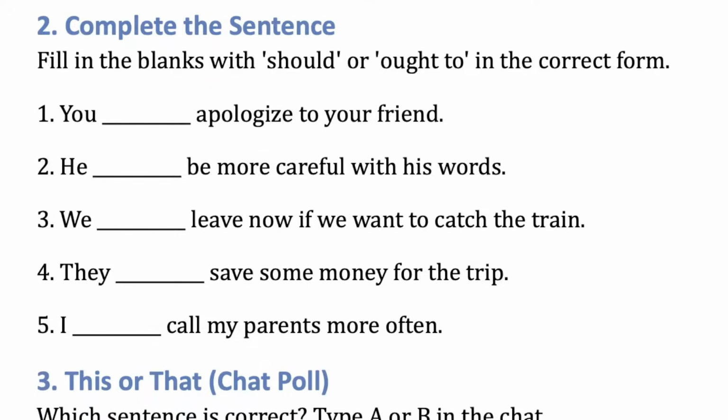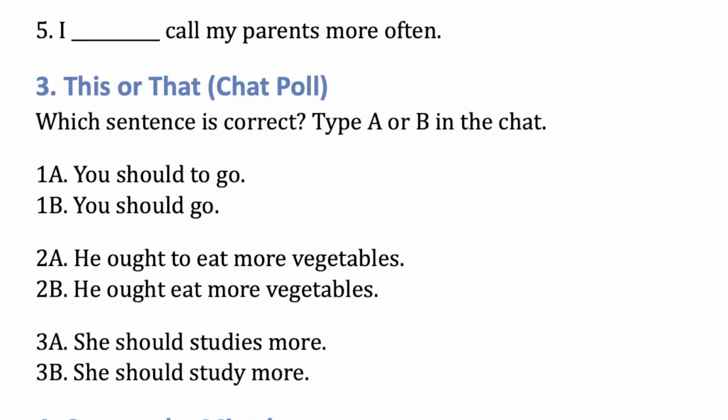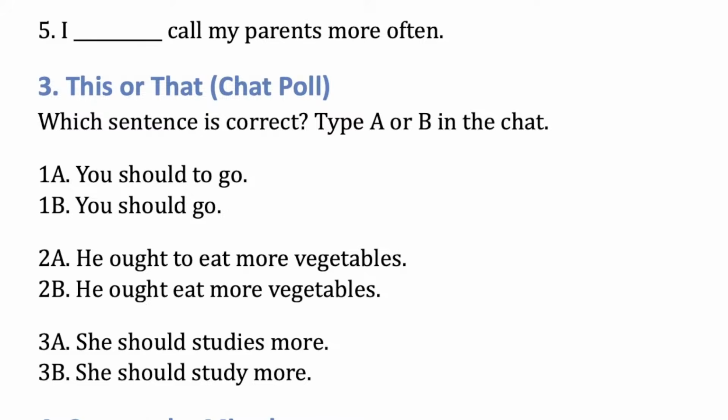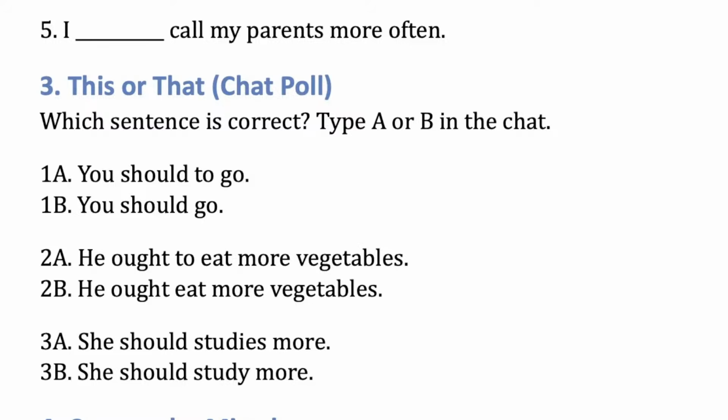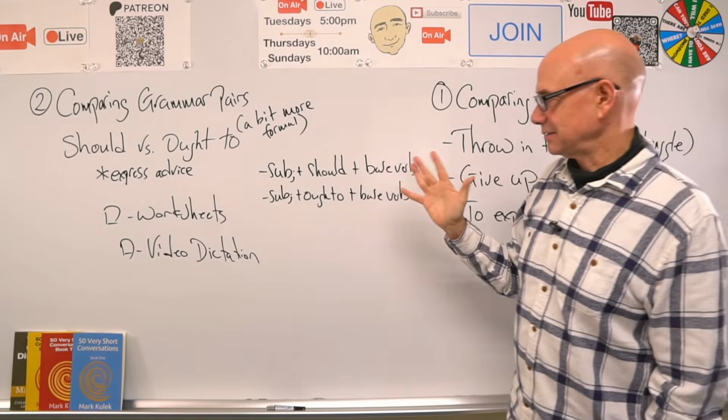No problem. Okay, now part 3, you're going to fix the sentence, or you're going to choose the correct sentence. So we have 1A, 1B. Which one is correct? 2A, 2B. Which one is correct? 3A, 3B. Now, for these, you must use the pattern, right?